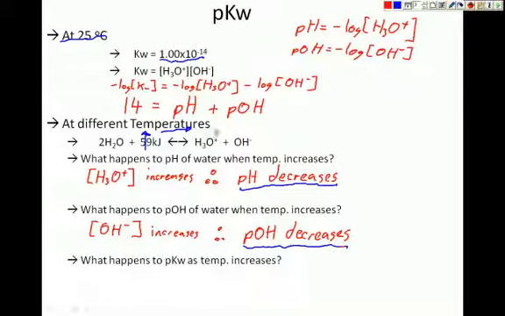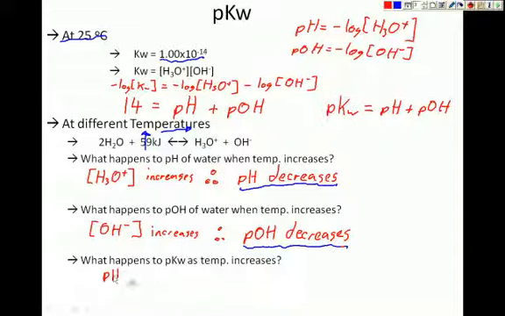So what happens to pKw? Or in other words, what happens to this over here? Because this only works, it's only 14 at 25 degrees Celsius, but normally if it's not at that temperature, we have to come up with a new formula which is pKw equals pH plus pOH. And if this number is decreasing and this number is decreasing, then pKw must be decreasing. So let's write that into our notes.